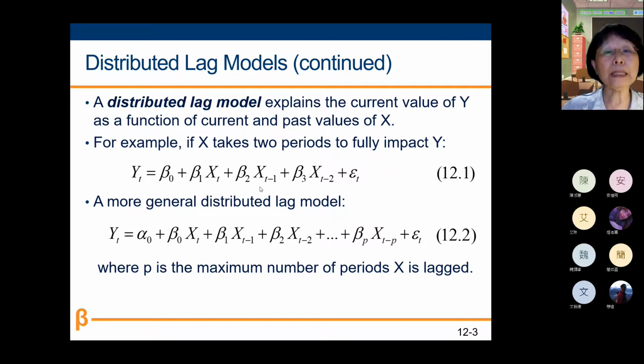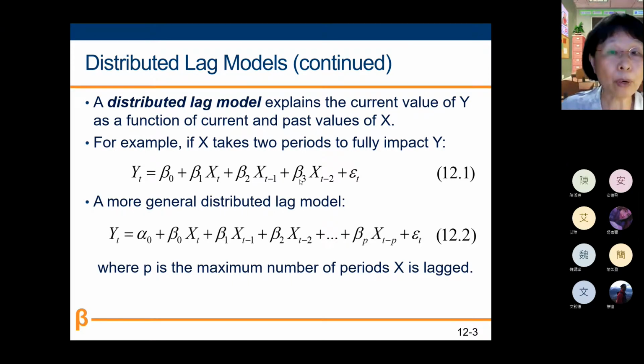But if I increase 2 time lags, I have 4 betas to estimate, and at the same time I need to sacrifice 2 years of data with t minus 1 and t minus 2.